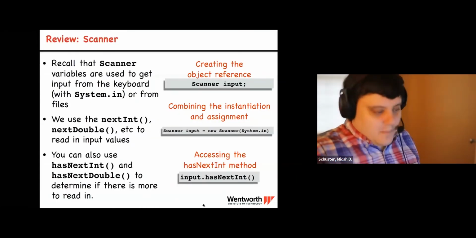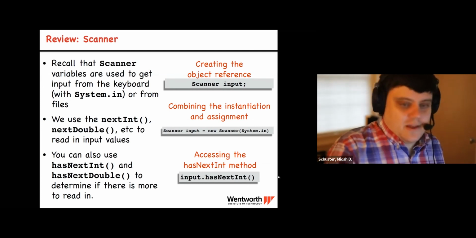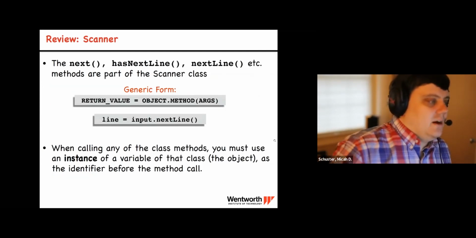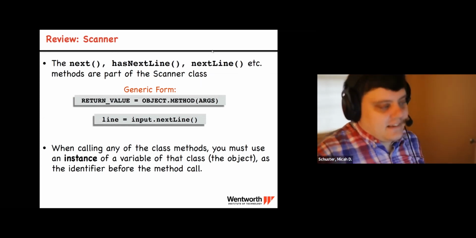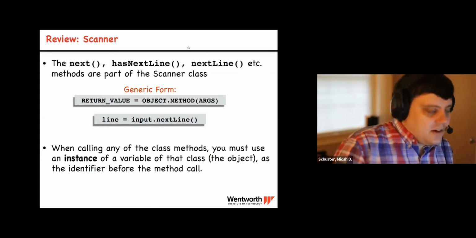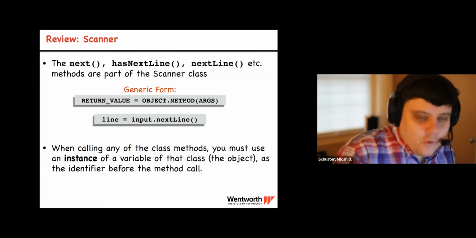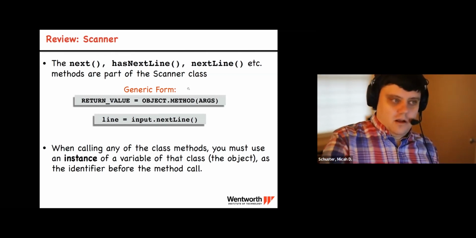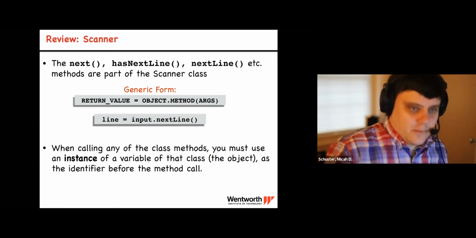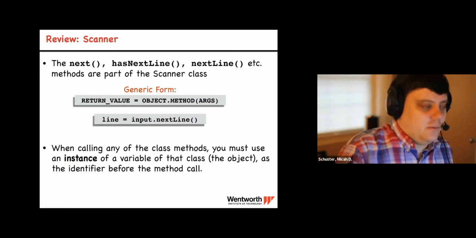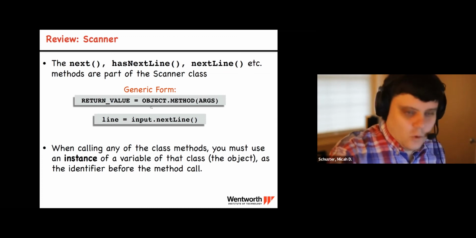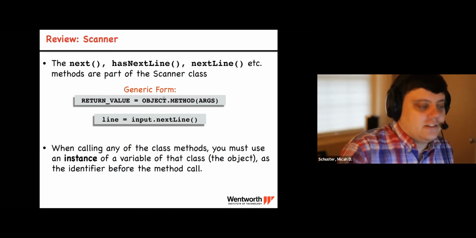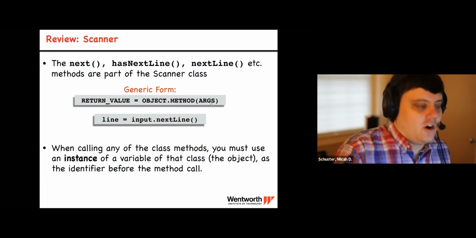Of course, accessing the methods is easy. After the dot goes the method name, and that's where the autocomplete can help you out. So methods like next and nextLine and hasNextLine are all part of the scanner class. Your generic form for calling a method from any instantiated object, whether it's a class you wrote or a class that's built into Java, is whatever the object name is, so input or C1, dot whatever the method name is, and then whatever arguments you need.